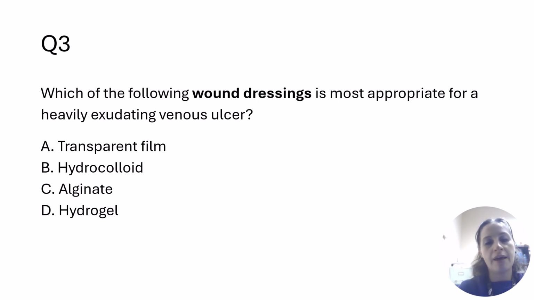So heavily exudating is the key terminology here, and that's going to be alginate. The ones with the word hydro typically are wounds that need a little bit more moisture. And if it's exudating, it's pretty moist. If it's a venous ulcer, it's probably pretty moist. So we don't need as much moisture. So we're going to take out our hydro options.